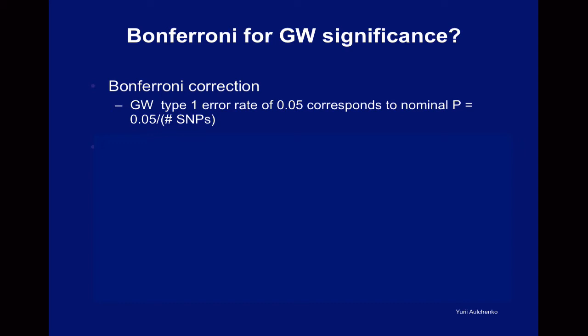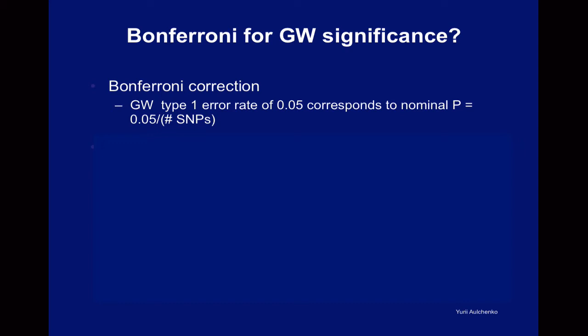And in the first lecture I was talking about Bonferroni correction, and according to Bonferroni correction, to have type 1 error rate of 5%, the nominal p-value to make decision about significance of association should be 5% divided by the number of tests.